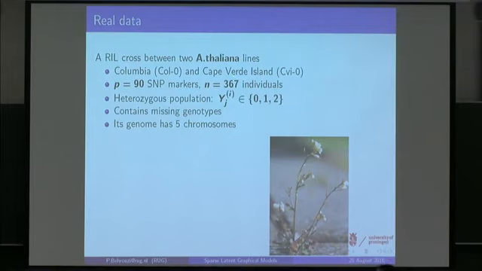The data is 0, 1, 2: 0 means the offspring genotype comes from Columbia, 2 means the genotype of the offspring comes from CVI, and 1 is half-half. Of course, we also have missing genotypes, which is very routine in genetics.